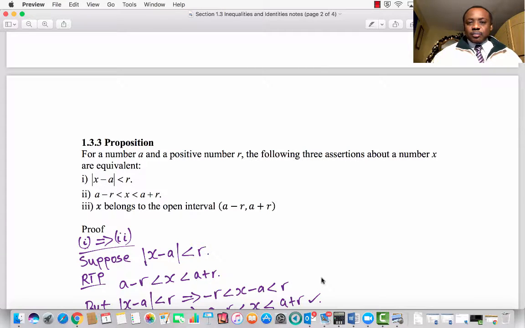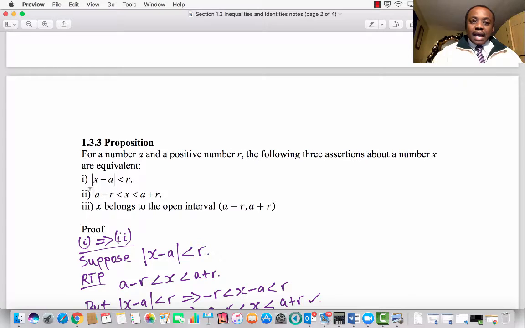this proposition. Proposition 1.3.3. For a number A and a positive real number R, the following three assertions about a number X are equivalent. These three assertions are equivalent.